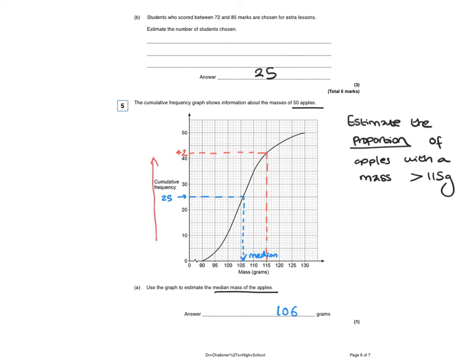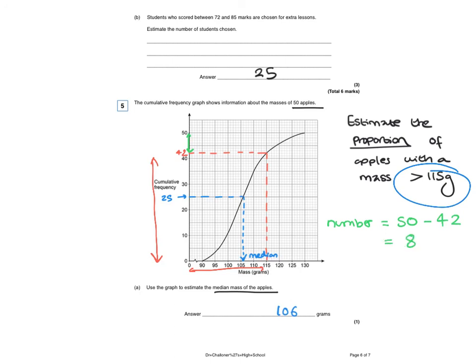Remember, this 42 represents all these apples here, which have masses less than 115. So how do I find out the number of apples with a mass greater than 115? It's these apples here. So the number of apples with a mass greater than 115 grams is 50 subtract 42, which equals 8.